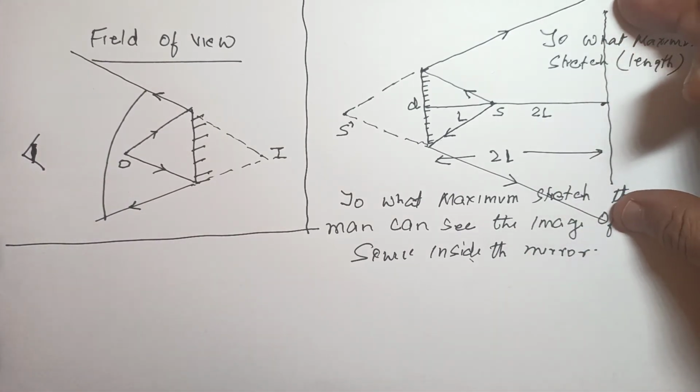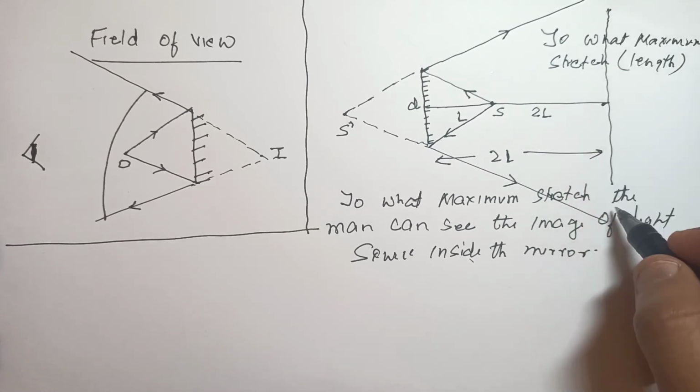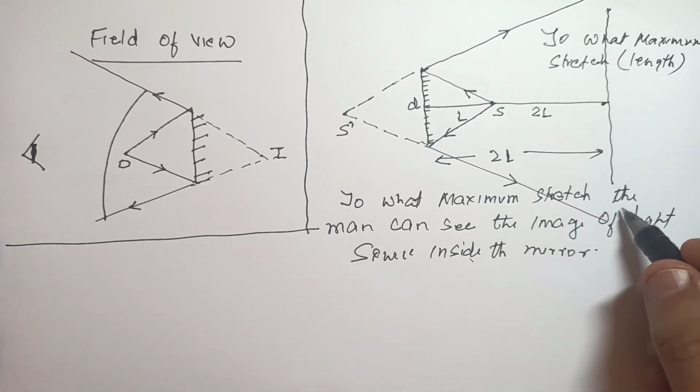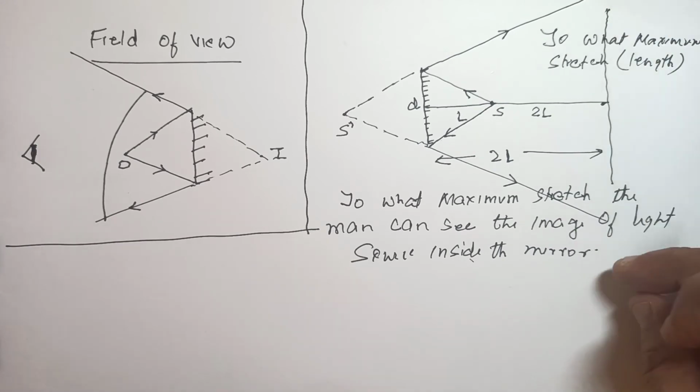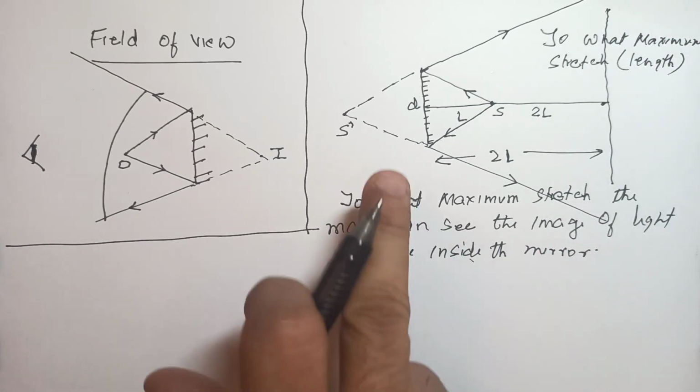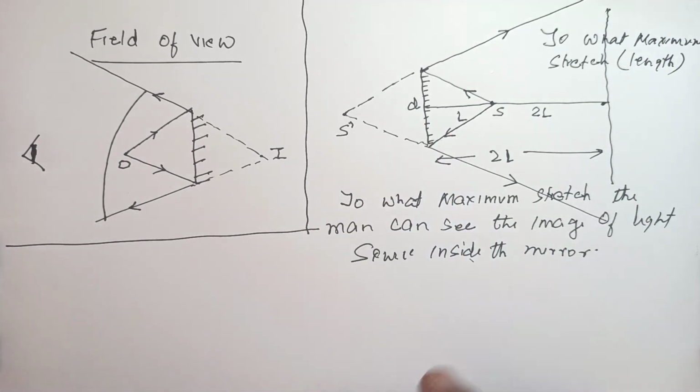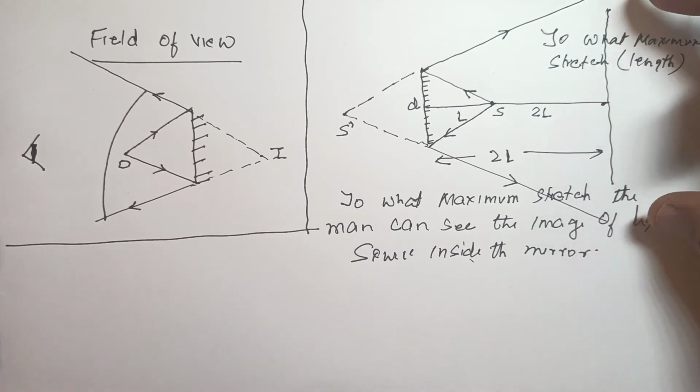This is the stretch we are talking about, because once the gentleman moves out of this range, he will not be able to see the image of the light source inside the mirror. So we have to find this.